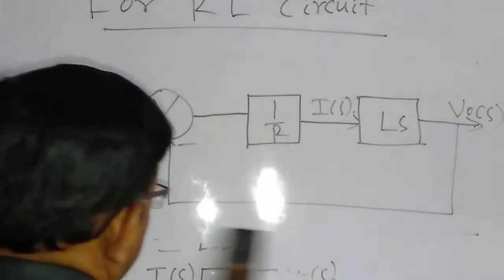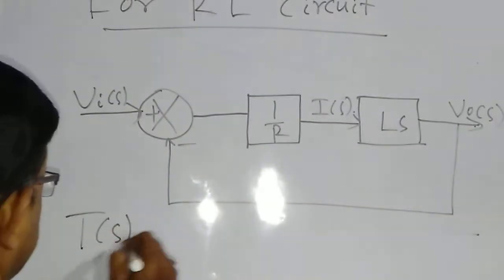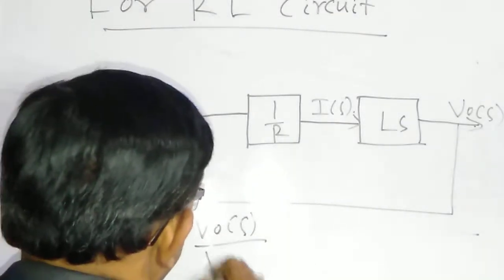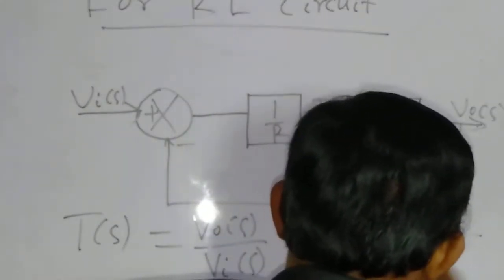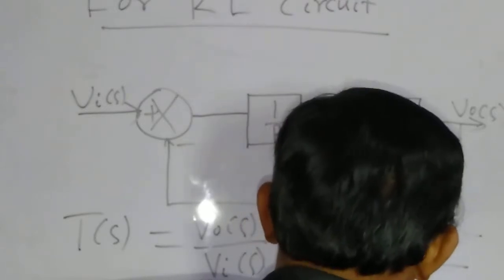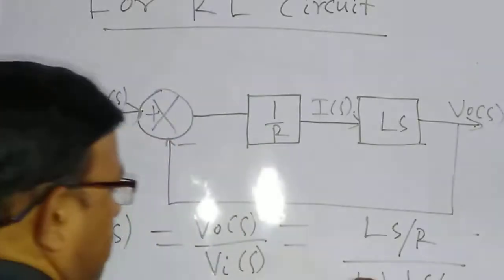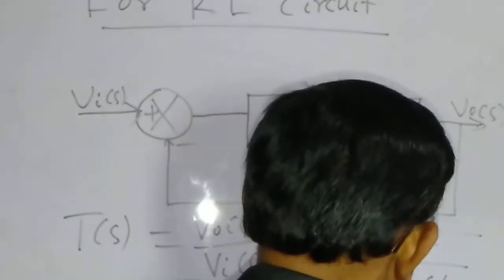So if we find out the transfer function, T of s is equal to V naught of s by Vi of s, which is equal to Ls by R divided by 1 plus Ls by R. So if we take LCM here, R plus Ls, then R will be cancelled.